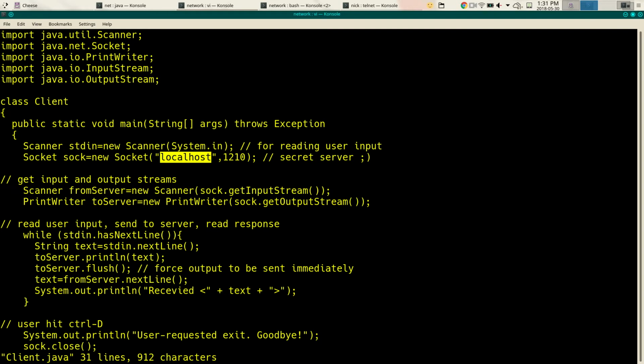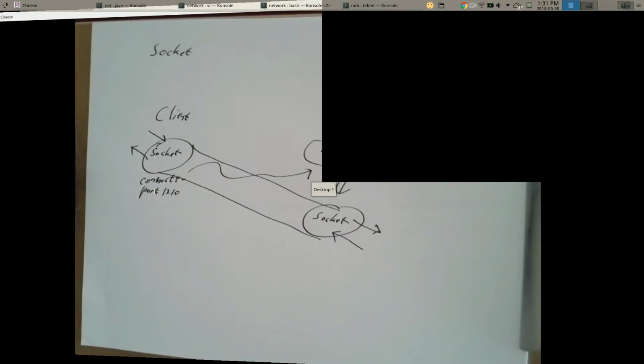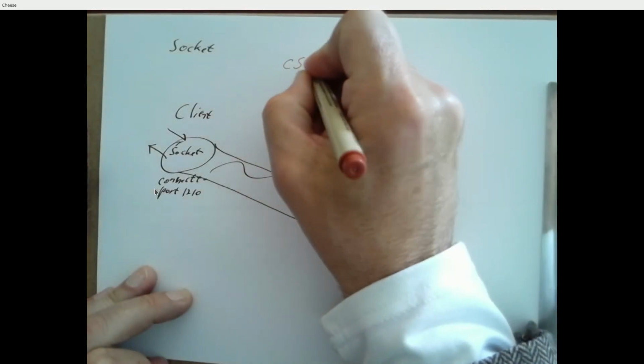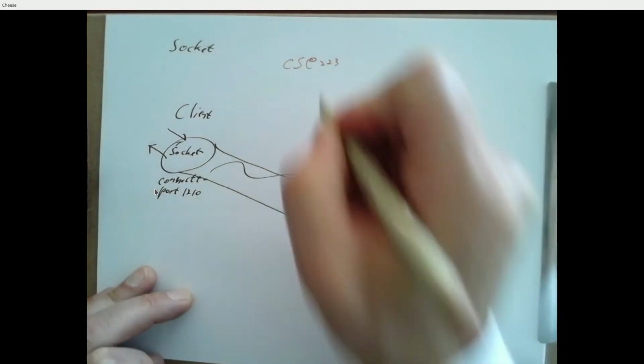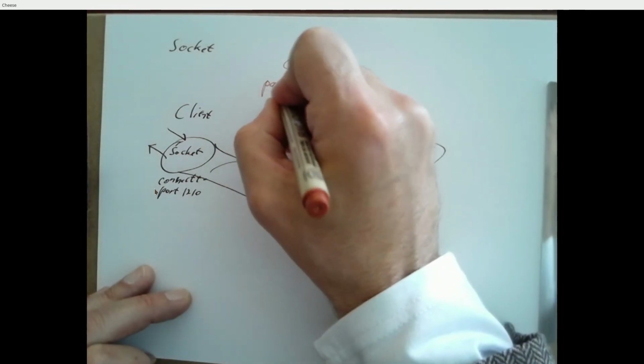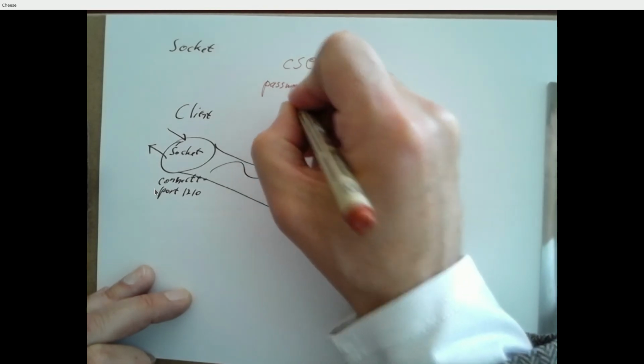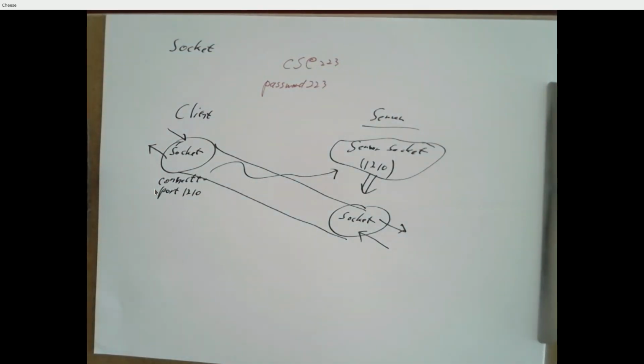Is that what that was? That's what that is, yeah. And it's secure, so it has a super secret password, which is password 223. So you have to put that in.